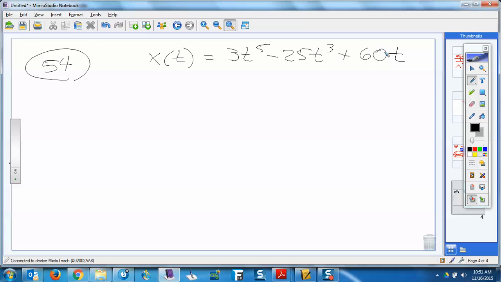So what does that mean? So if I plug a 1 in, let's just say I plugged a 1 in and got out a 10. I don't know what you get, but let's say you got a 10. What would that 10 tell me? Its position on, what's the problem saying? The x-axis.